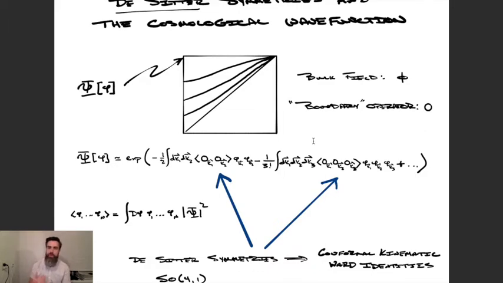The reason I'm going to call it a boundary operator is that the de Sitter symmetries which act in the bulk constrain the form of these wave functional coefficients. The way they constrain them is that they enforce that they satisfy the same kinematic constraints that correlation functions in a conformal field theory do. And so you can interpret these things like operators in a conformal field theory.